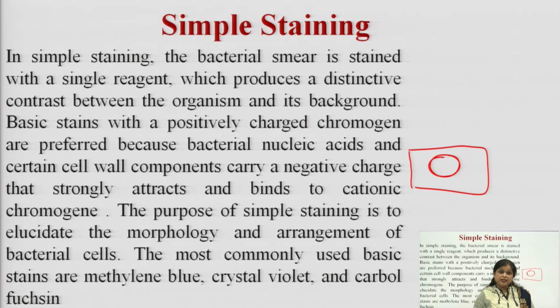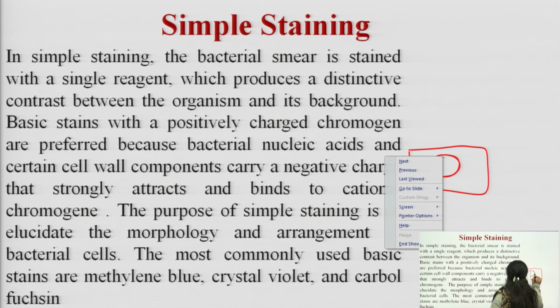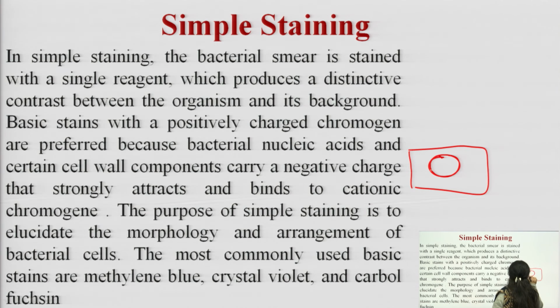Positive staining is the staining in which the cells, whatever specimen we want to see, will be colored, whereas the whole background will be colorless, a brighter background. In negative staining, the cell will remain transparent, whereas the whole background will be stained with the help of the staining reagent.